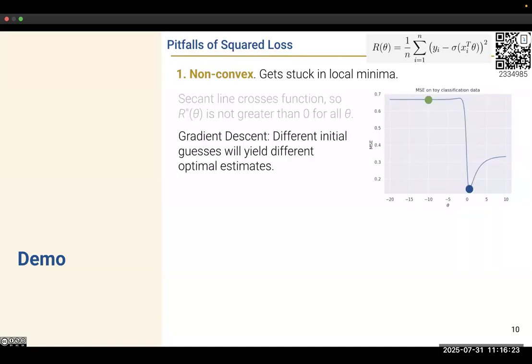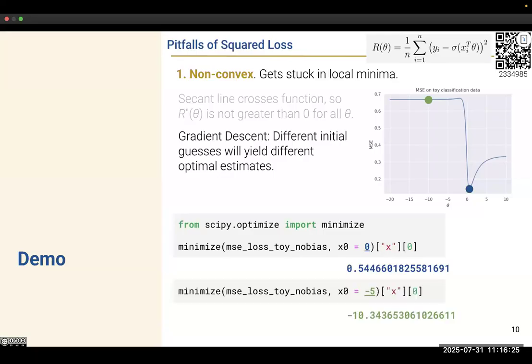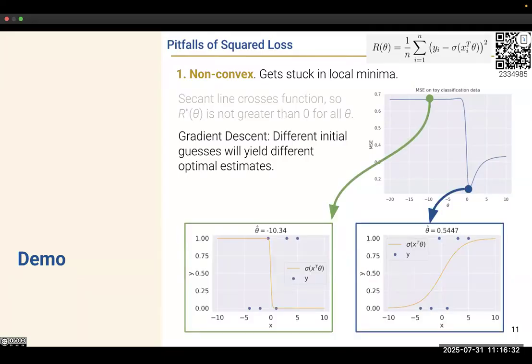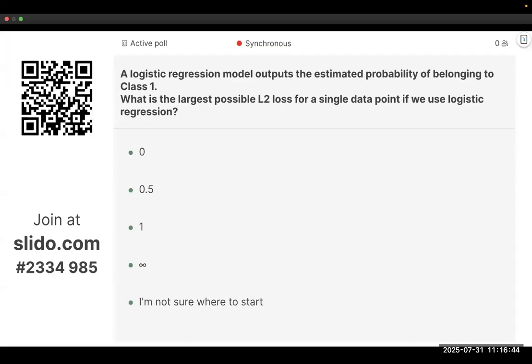And because the loss is not convex, your gradient descent is going to be trapped at some local minimums, okay? And it's going to affect your estimates of your thetas. So let's talk about another reason why L2 loss might not work for logistic regression.